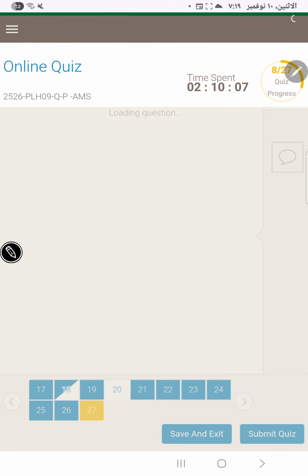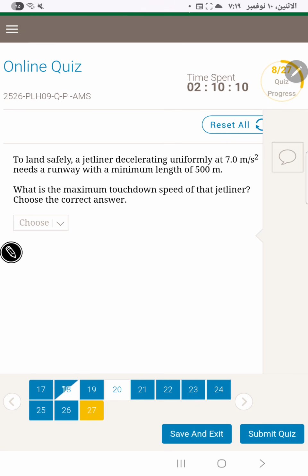Question 27 is the last question now. To land safely, a jetliner decelerating uniformly at 7 meters per second squared needs a runway with a minimum length of 500 meters. What's the maximum touchdown speed of the jetliner?